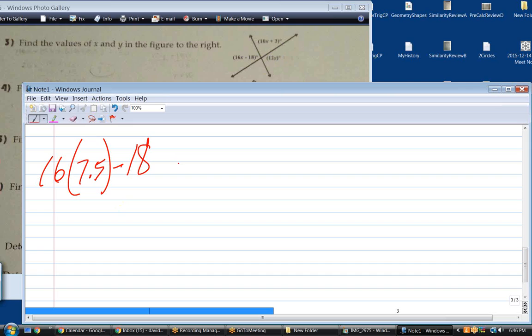So 16 times 7.5 minus 18 equals 102. So 102 equals 12y, because they're vertical angles, so they're equal to one another. And now you can solve for y. It would be 8.5. So x is 7.5, y is 8.5.